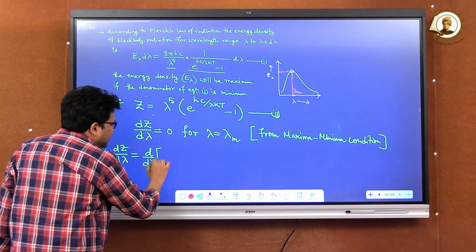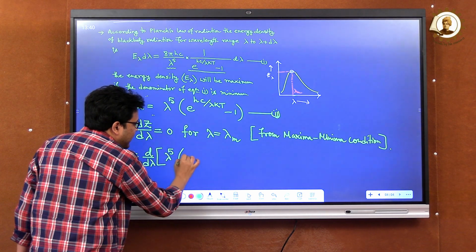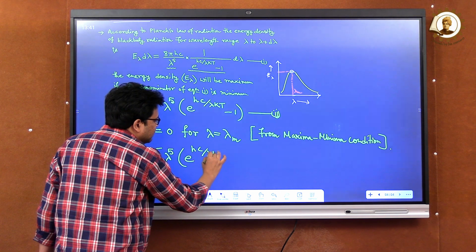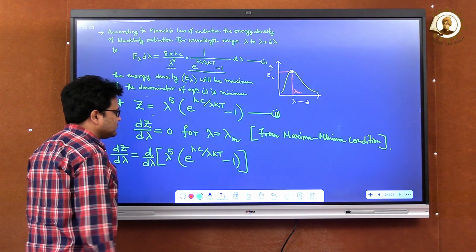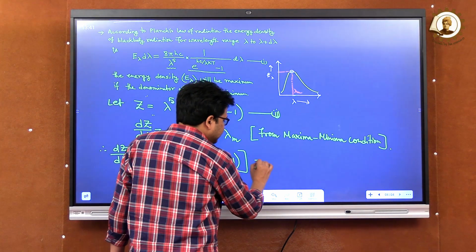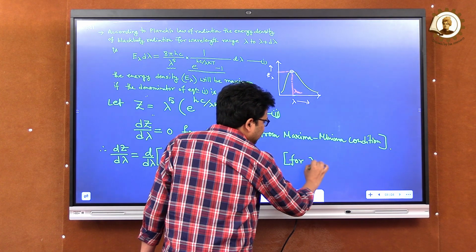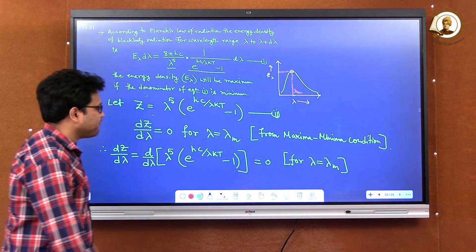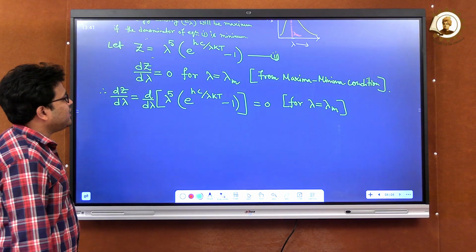So d by d lambda acts on lambda to the power 5 and also on the exponential term, and this will be 0 for lambda equals lambda m. Okay, let's perform the differentiation.